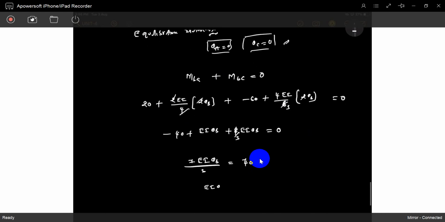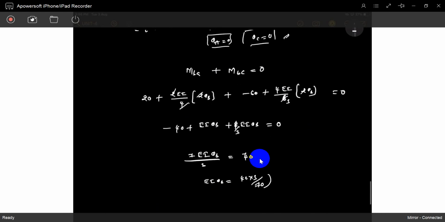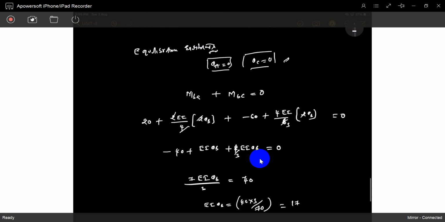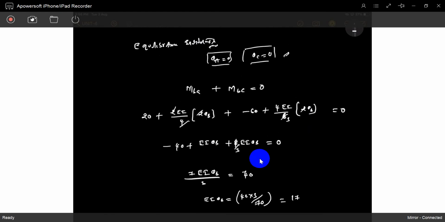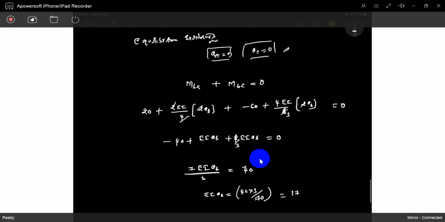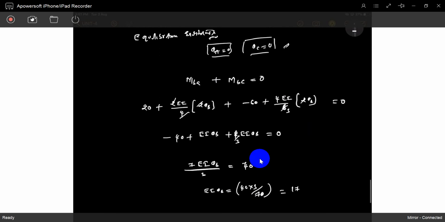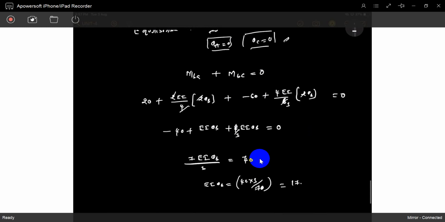So EI theta B is always 40 into 3 by 7. What is that value? It is 17.143.